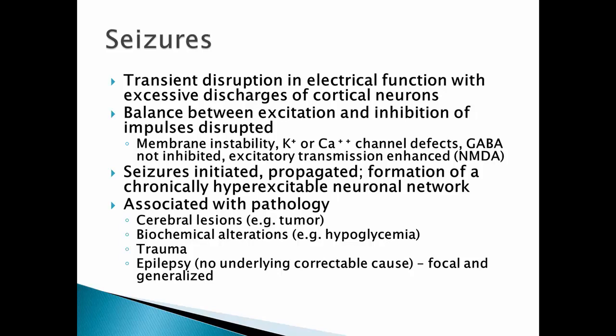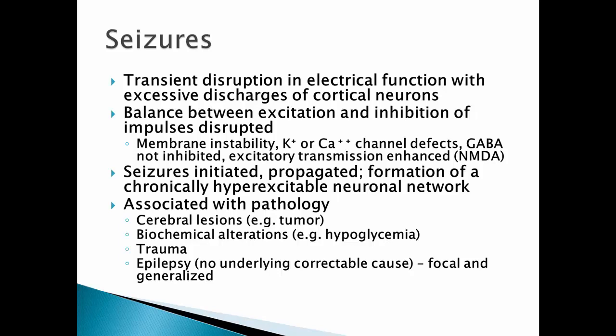When I think of a visual picture of a seizure, especially a tonic-clonic grand mal seizure, I think of a light switch being turned on and off very, very rapidly, because you've got an imbalance, a disruption between excitation and inhibition.